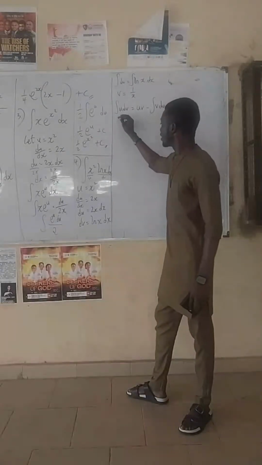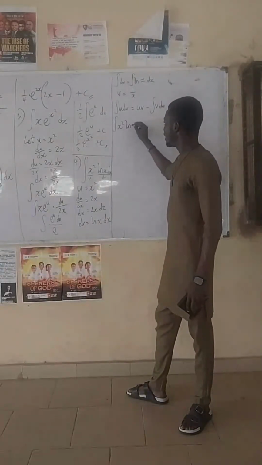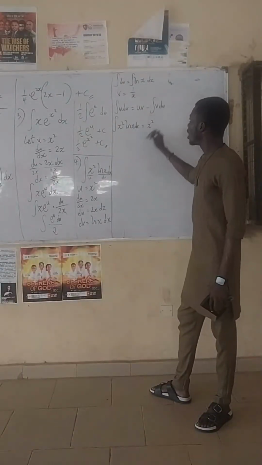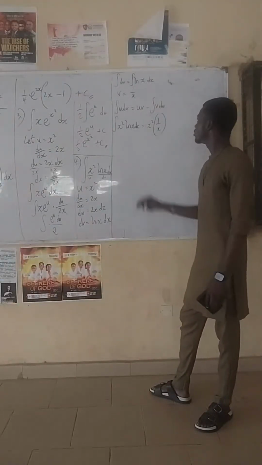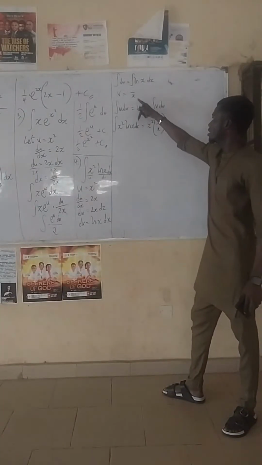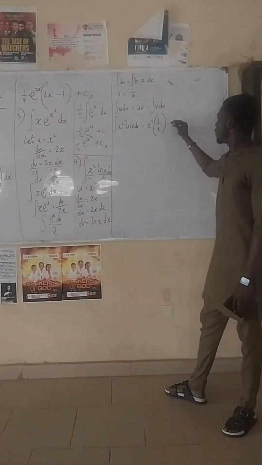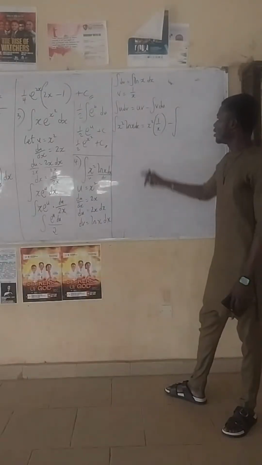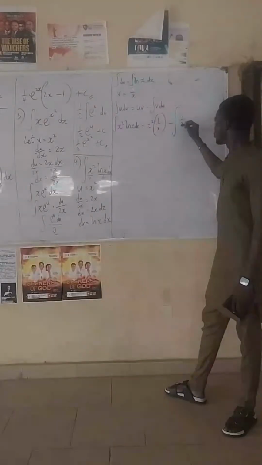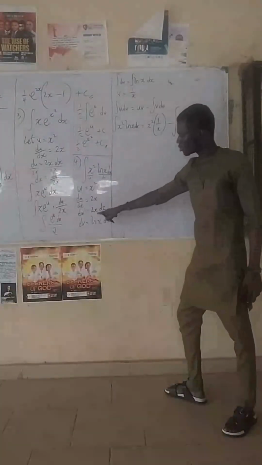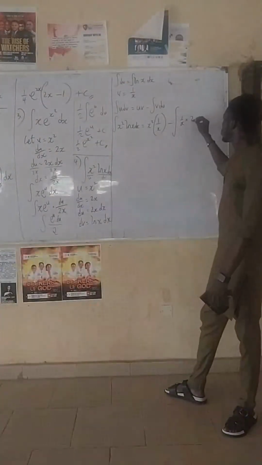This second one. That's integral of x squared ln x dx equals, now our u is x squared, our v is 1 over x, that's x squared times 1 over x, uv, minus the integral of our v, which is 1 over x, times our du, which is 2x dx.